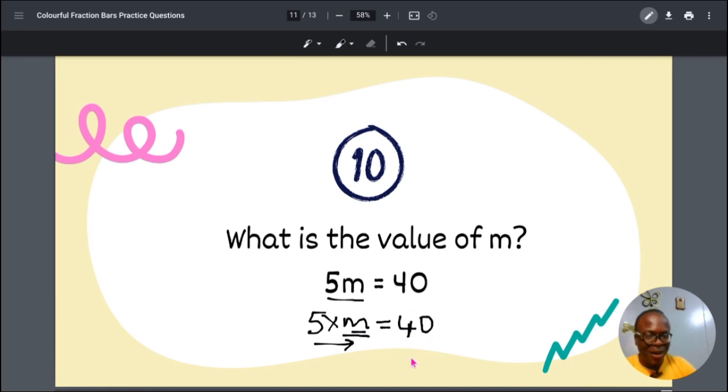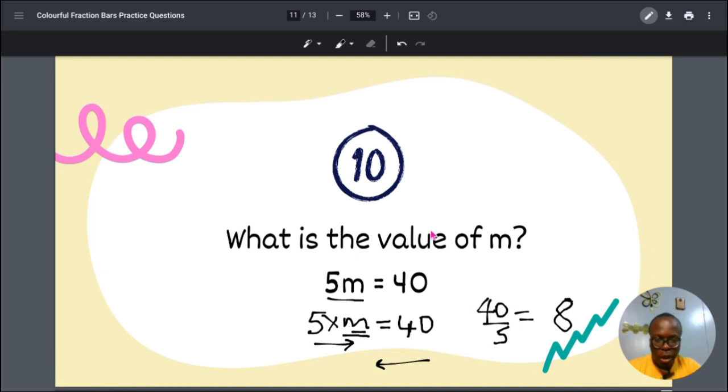But to get your m, you have to go backwards, and you multiplied when moving forward. So going backwards, you do the opposite, and that is division. So that will give me 40 divided by 5. And 40 divided by 5, of course, I can hear you scream 8. So 8 is our answer.